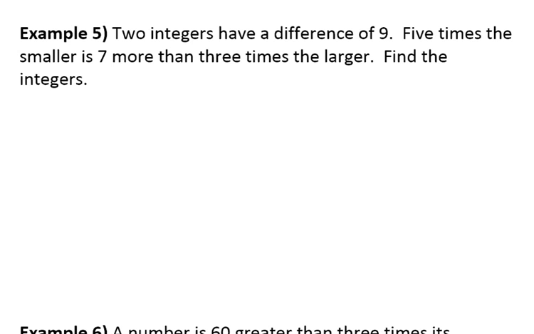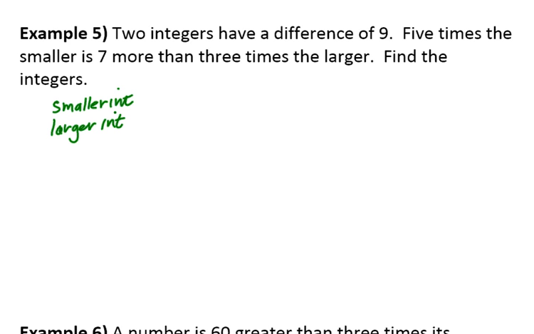Example 5, this time I have 2 integers, and they have a difference of 9. 5 times the smaller integer is 7 more than 3 times the larger. Find the integers. So what we might do is we're going to have a smaller integer, and we also will have a larger integer.